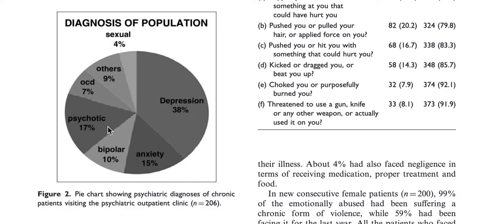Again, OCD or psychotic. So since the word is "or," we're going to add the percentages. So 17 plus 7 will give us 24. And then how many are they, which is OCD or psychotic? So we have 206. We multiply that by 0.24, and we have 49.44. So rounding that off, it's going to give us 49.